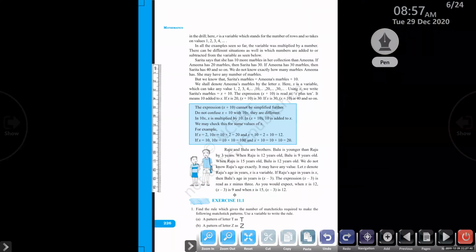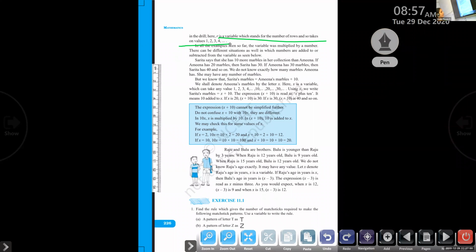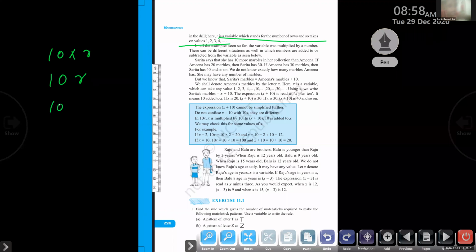Okay, children. So R is a variable which takes on values. How many values will it take? 10R is 10 into R. R's value is how many values?